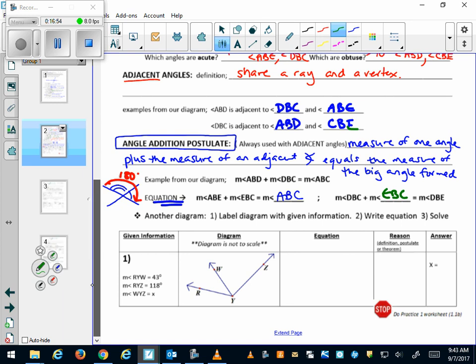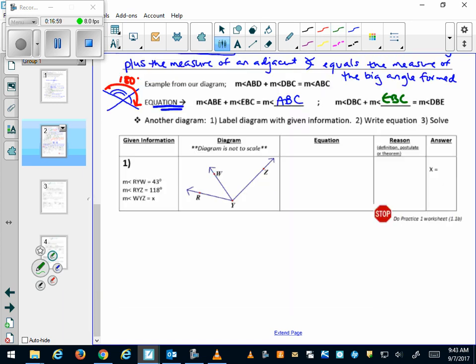All right, it might be easier to understand the concept of angle addition postulate if we do this one problem here. Notice right here, I really want to stress how important this is, labeling the diagram. When they give you information, write it on your diagram. So measure of angle RYW is 43 degrees. I'm going to label that.